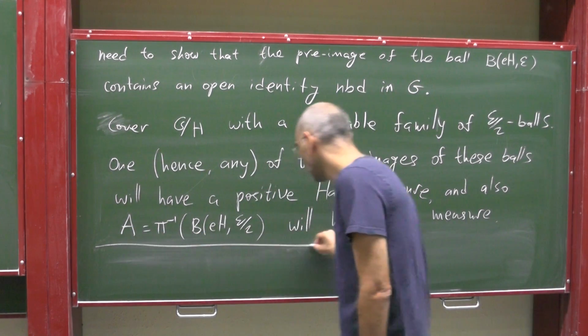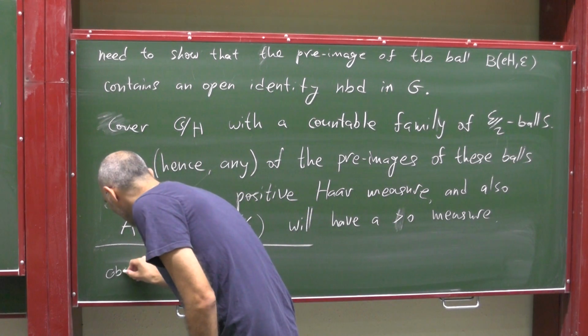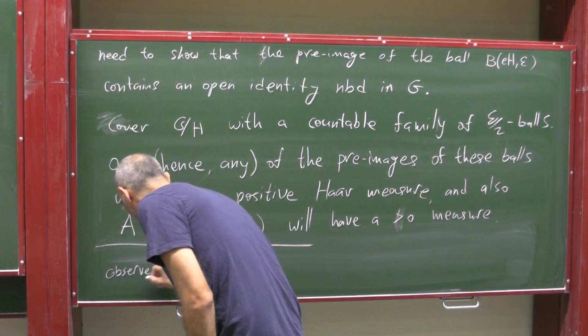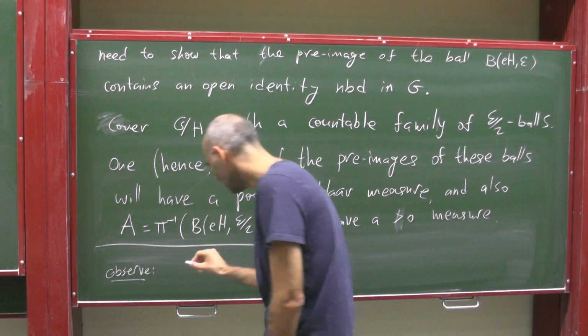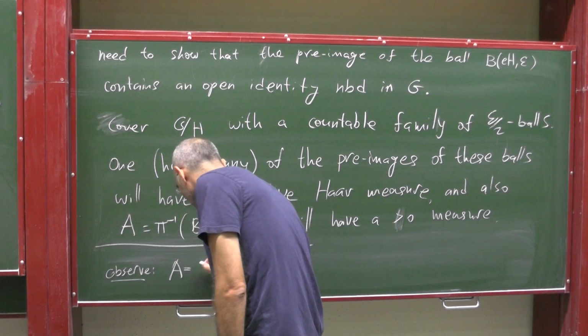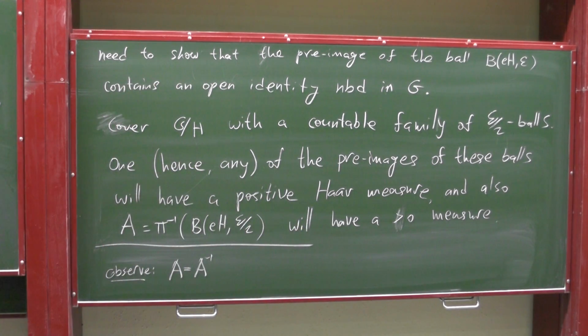Okay. Now, an easy exercise for you. Observe that A equals A inverse. If X is at epsilon distance from the identity, then X inverse is at epsilon distance from the identity.